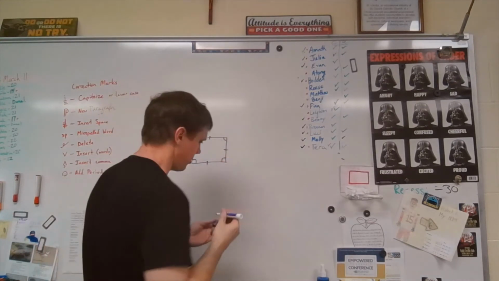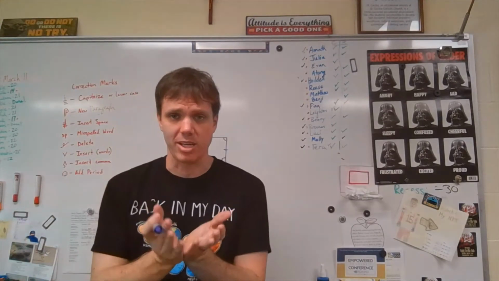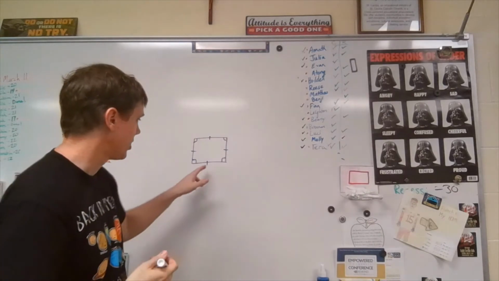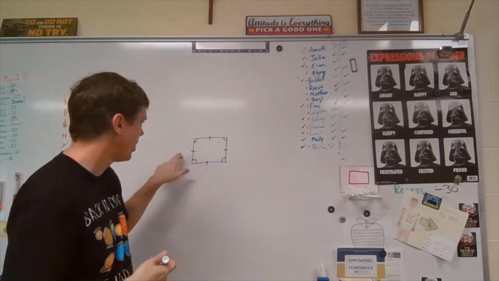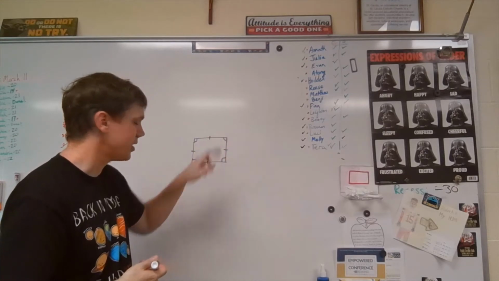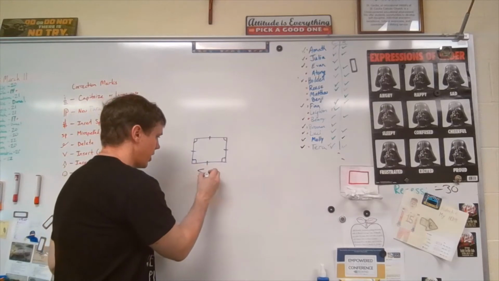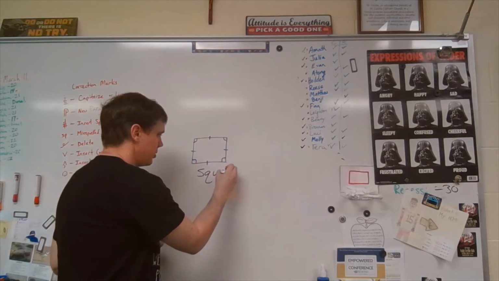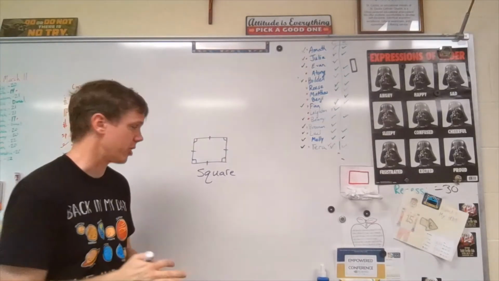Basically, the way I've described this in the past is that if a rhombus and a rectangle had a baby, then it would be a square, right? Because it's got the four right angles of the rectangle, and it's got the four congruent sides of the rhombus. Okay, so this is just a special everything. It is the most special of all the parallelograms, or of all the quadrilaterals.